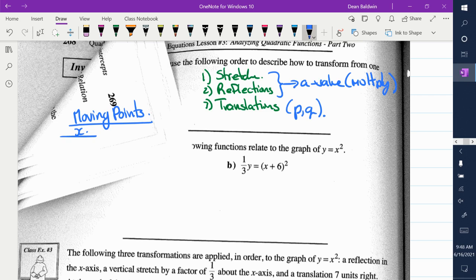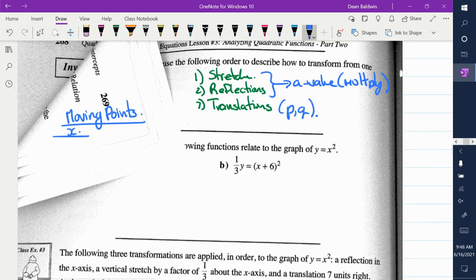P, right? So it's going to be P plus whatever your x value is. Okay, I'll say x1. That doesn't change. But now, because we have something else that affects the y value, in this case the A, the equation becomes, and you do that first, A times y plus your q value. You can write these down. We're going to practice them. I'm not going to make you memorize them. But I will ask you to move some points.